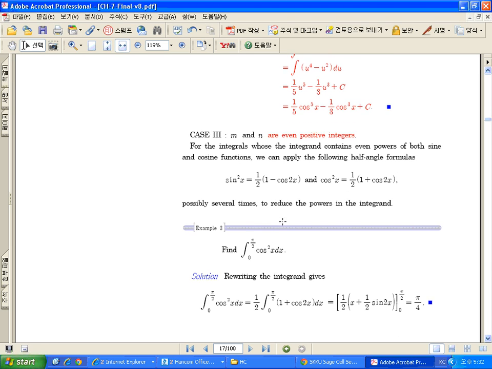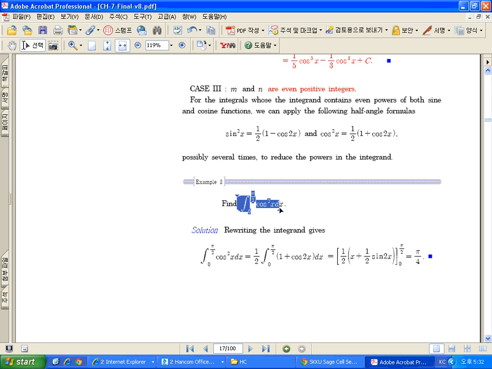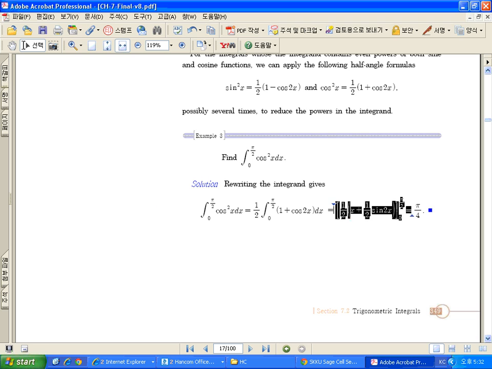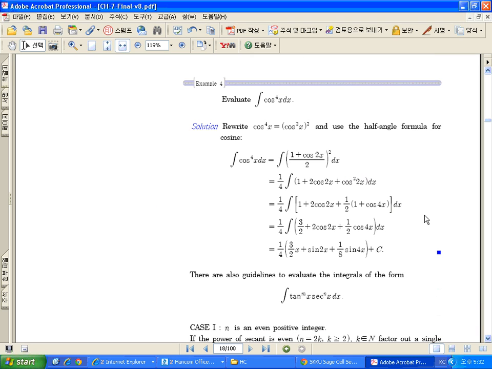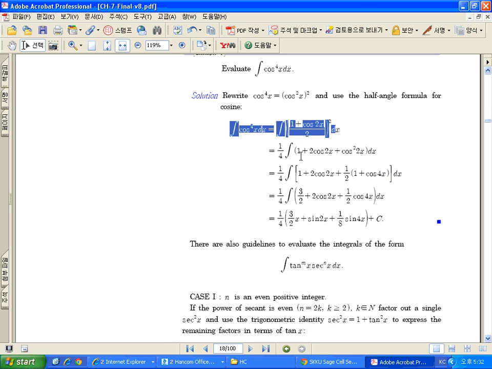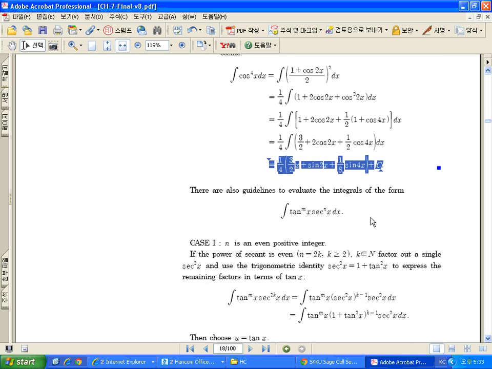This should be used like you see here. This can be written in this way, then this can be easily calculated. This one too. For this case, the half angle formula can be used to make it simplified, which gives us a very easy integration.